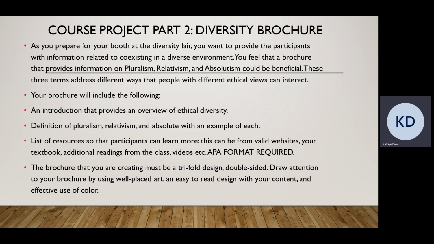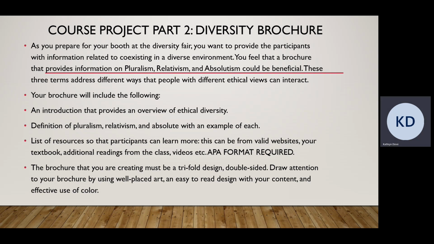You can begin working on your Module 5 course project paper, the diversity brochure. Just remember that you do need to be sure to define pluralism, relativism, and moral absolutism. Do not discuss political absolutism or the divine right of kings. This is all about moral absolutism.